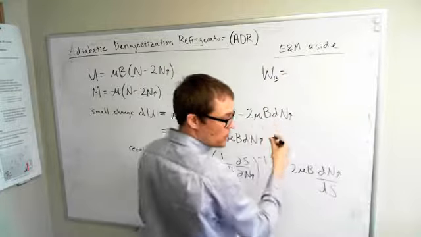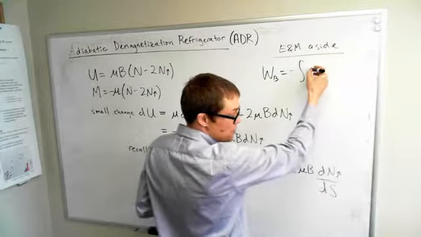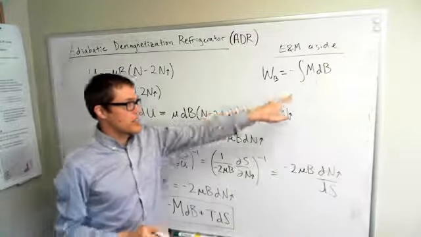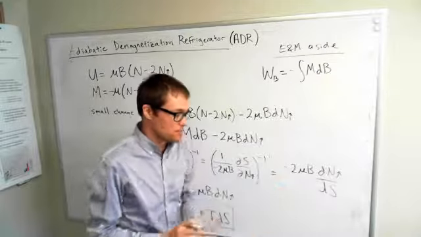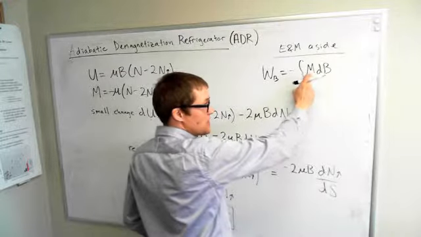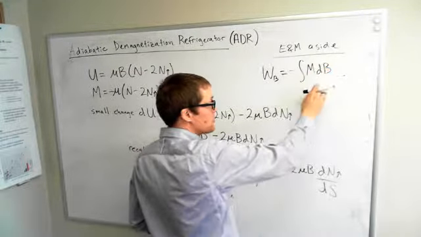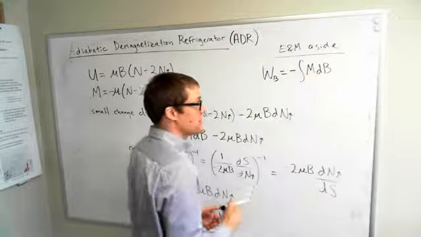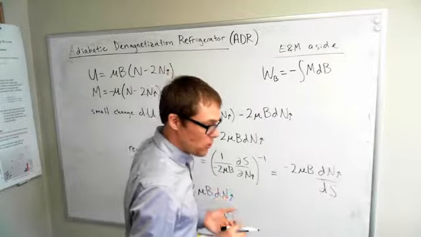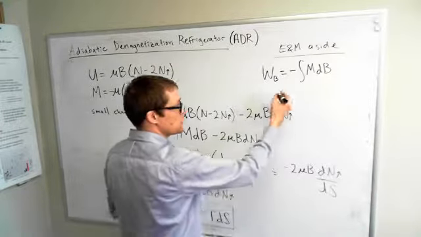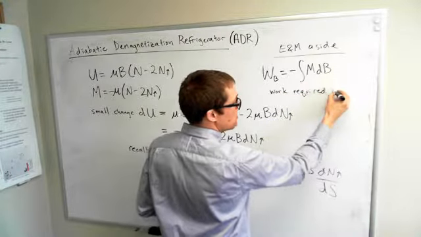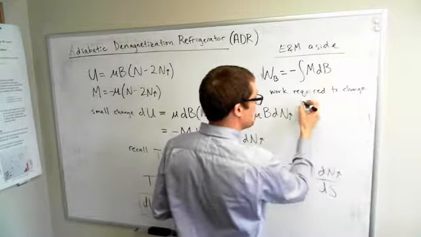So the work, you can calculate the work required to make a change in magnetic field for a particular magnetization. This thing could change as you do this integral, so big M could depend on the magnetic field. Doing this integral is not always simple, but this is the magnetic work required to change the B field.